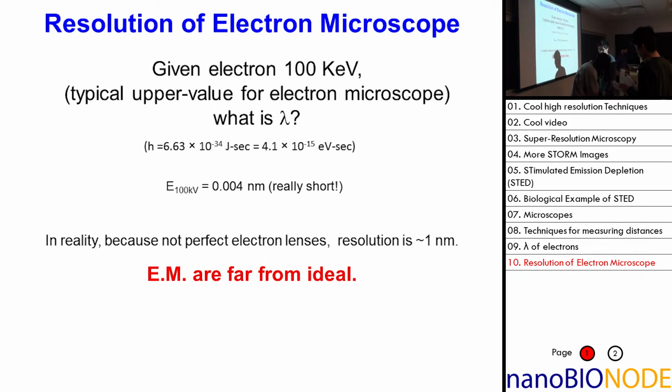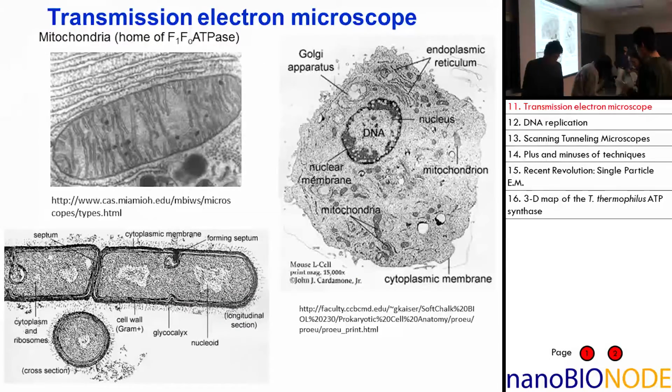Well, we know the voltage. Is 1,000 a voltage or is it energy? It's kilo electron volts, so yeah, that is a voltage. I think you just multiply the voltage by the charge.